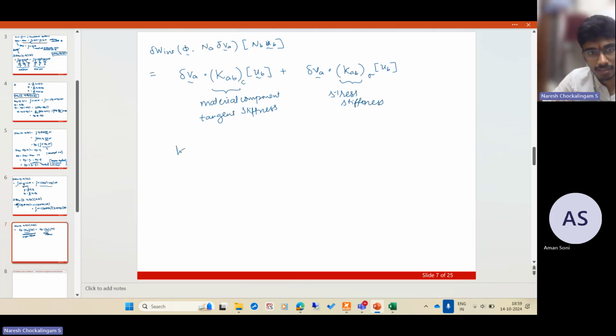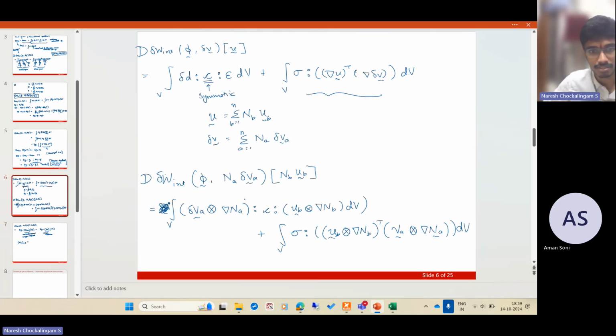So the components are given as KAB C. The ijth components are as follows. So this just follows from this. Here we have a tensor contracted with another tensor, and C is a fourth order tensor.